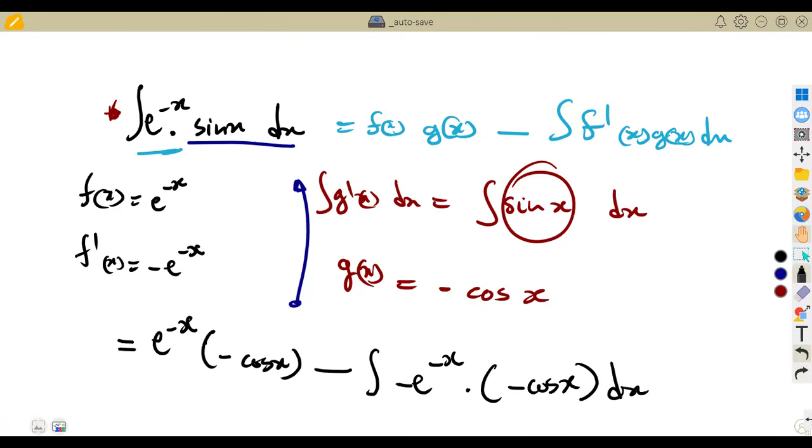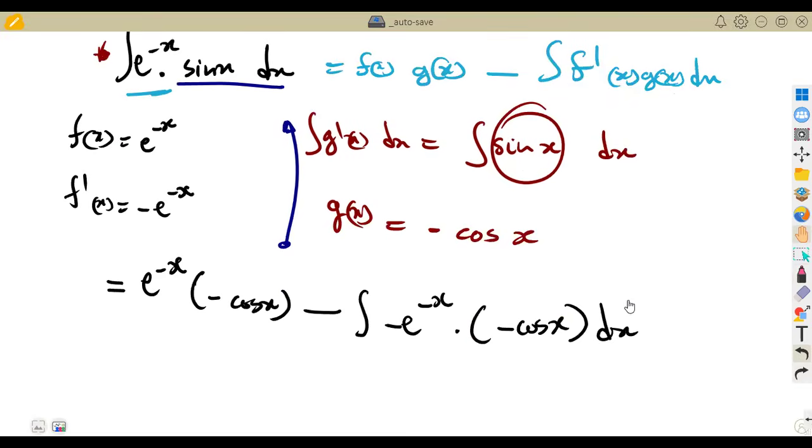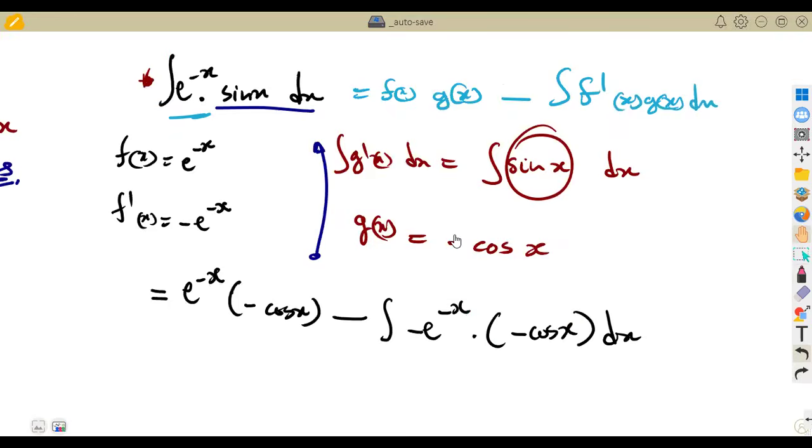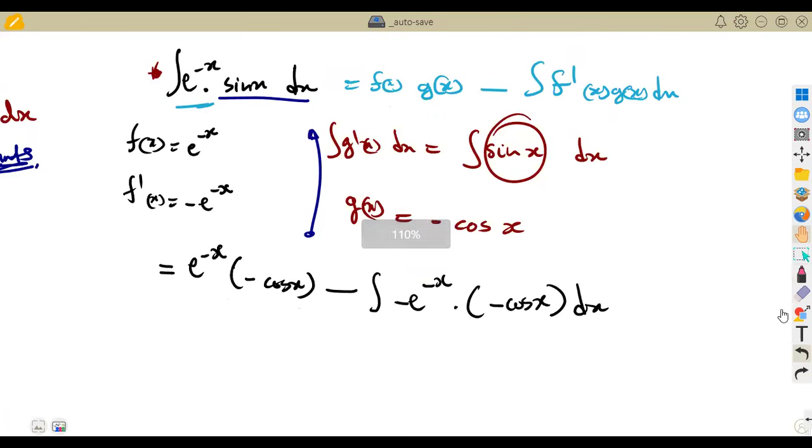Now this is exactly what I want you to see. Remember you're integrating e to the exponent of minus x. After simplifying, you multiply and you're going to have minus e to the exponent of minus x cos of x. Here, negative times negative cancels, that will be a positive.